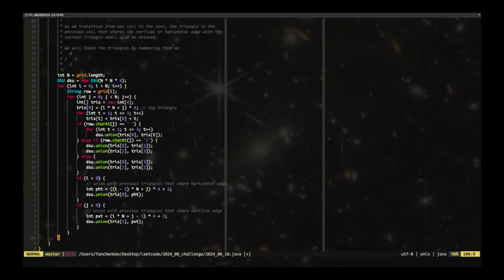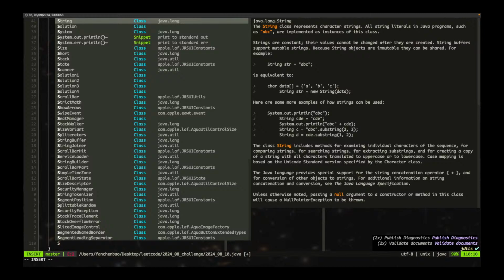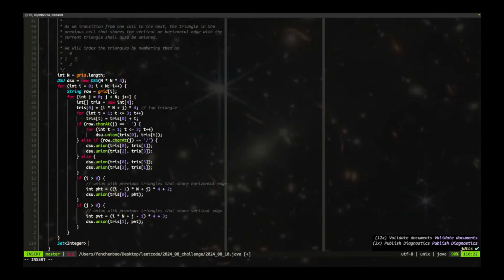Once we're done, we just need to find the number of unique parents, right? So we make a set of integers, that's not unique, we call it regions.